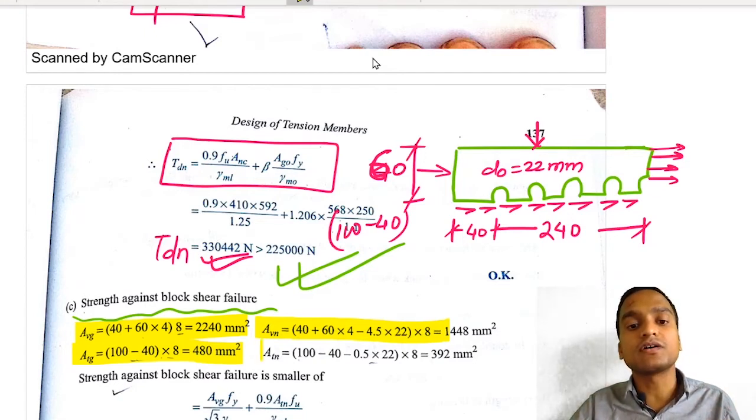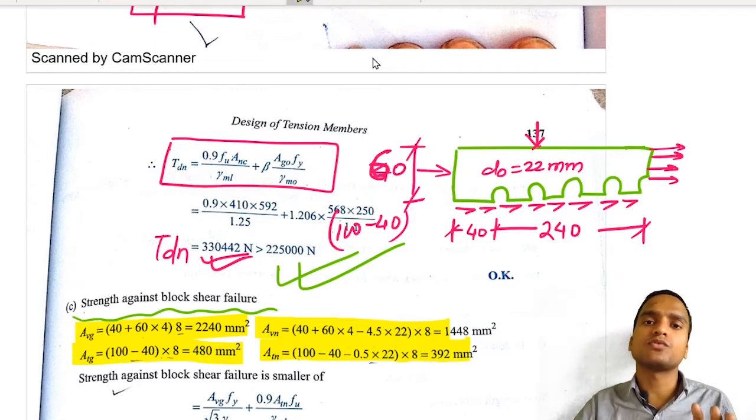Similarly, the net area of tensile plane will be equal to 100 minus 40 minus, since there is only 1 corner bolt, we just have done 0.5 into 22, and this is multiplied with thickness of plate.